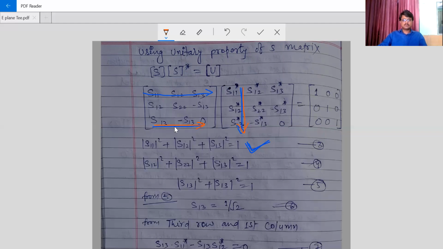So the third row and the first column means this 0, multiply it, so it will be S11 into S11 conjugate, S13 into S11 conjugate, minus S13 into S12 conjugate, and the last one is 0, and finally it will be equal to 0.